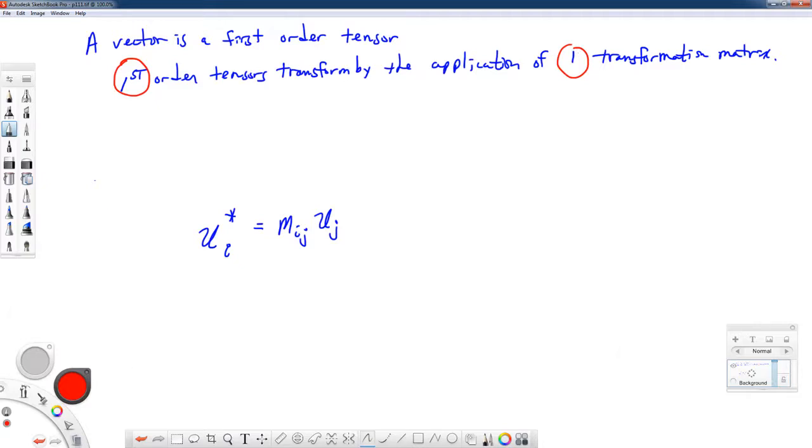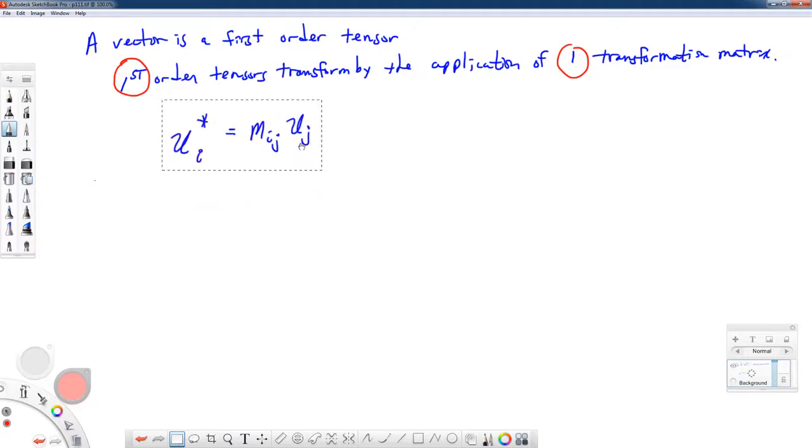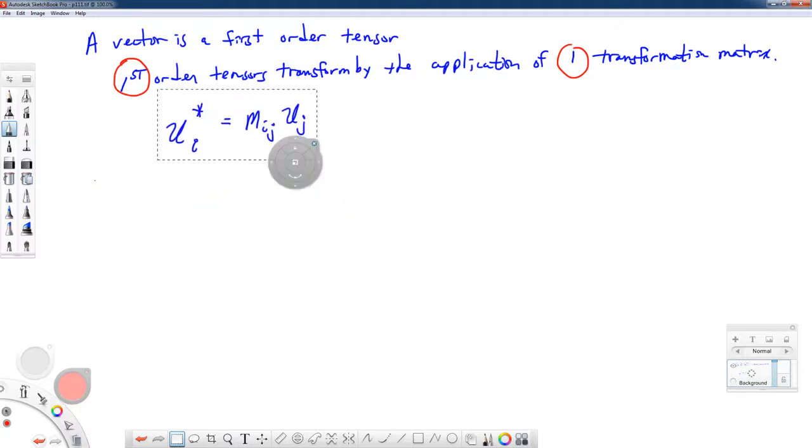So we have one transformation matrix. We have ui star is equal to Mij uj. A second order tensor transforms through the application of two transformation matrices.